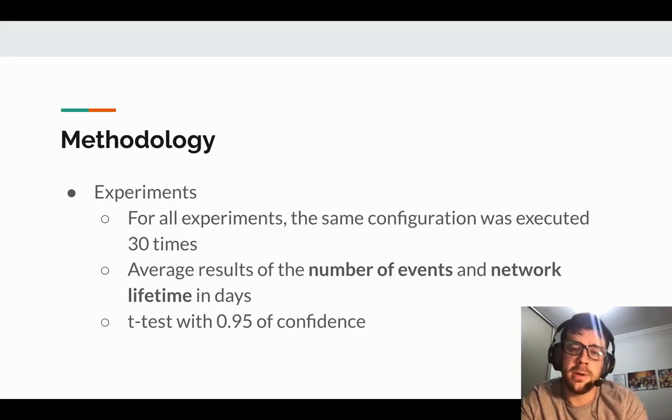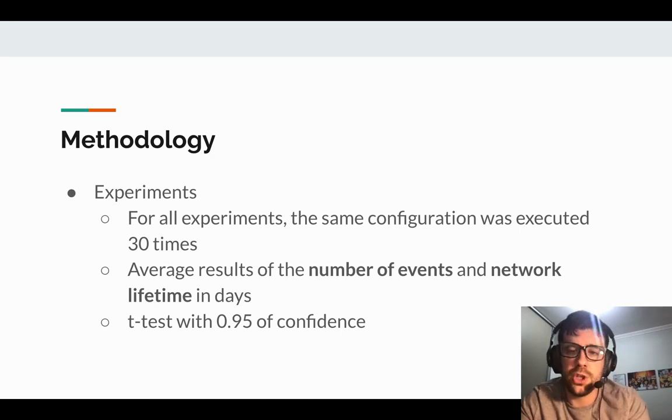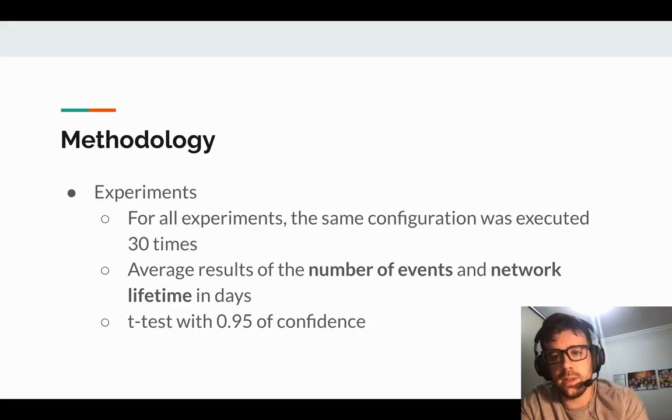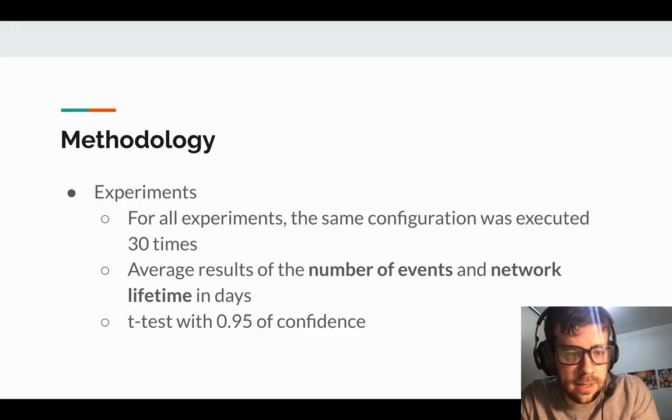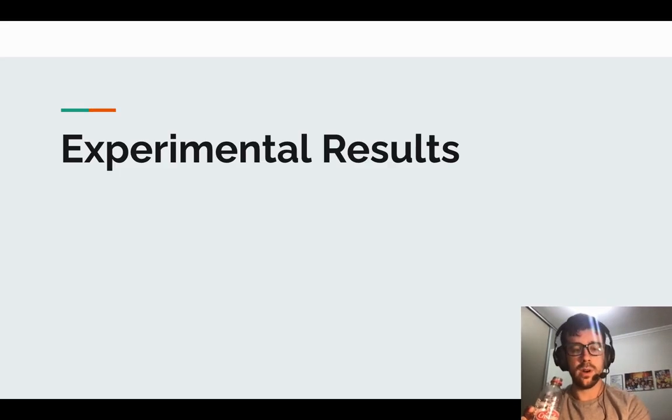For our experiments, the same configuration was executed 30 times, and the average results for the number of captured events and network lifetime were calculated, and a t-test was performed with 95% confidence. Now I'm showing the experimental results of this work.